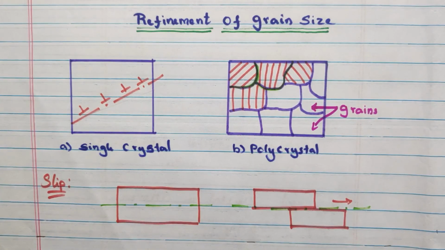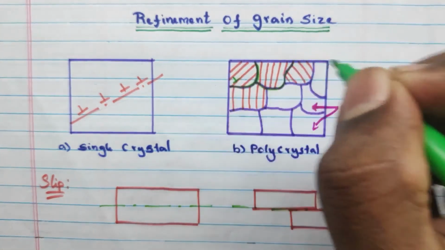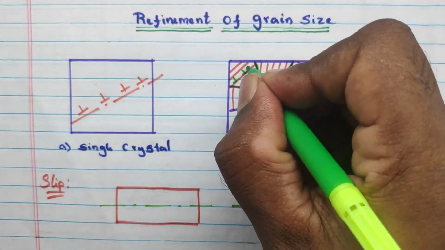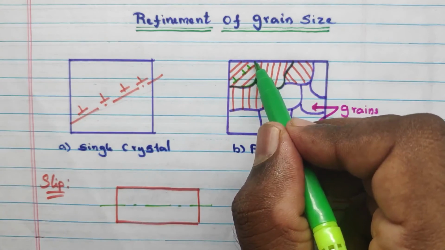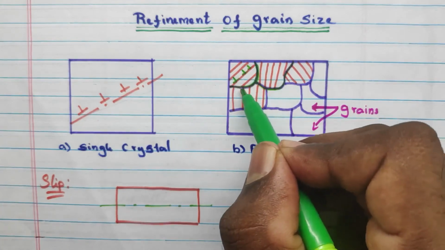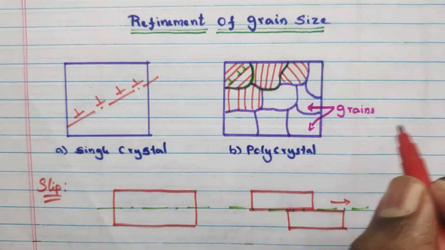But if you consider the polycrystal, if there is a dislocation in one grain, the grain boundary will be acting as an obstacle.